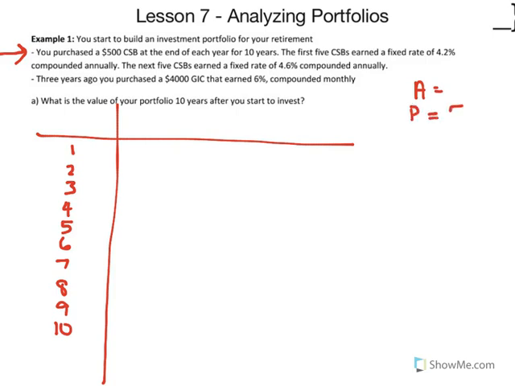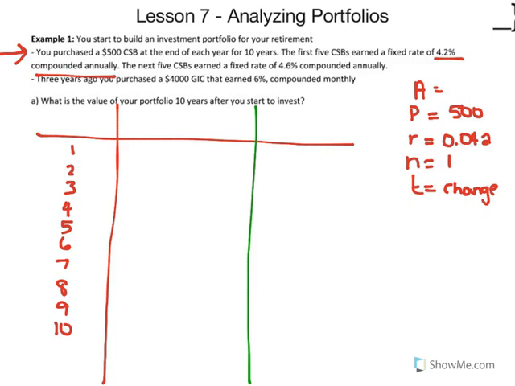So your P would be 500. Your rate for the first 5 years is 4.2%, so 0.042. And the number of compounding periods, it's compounded annually, so it is 1. Now the term is going to change every year. So that's what we're going to change and do in our chart.